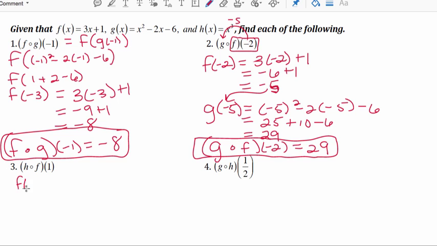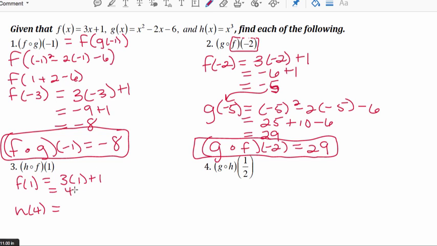So f of 1, we'll do that first. And my f function is 3x plus 1. So we have 3 times 1 plus 1, which is 4. And then we're going to go ahead and do h of 4. And my h function, I kind of have it covered up over here. But h is x cubed.